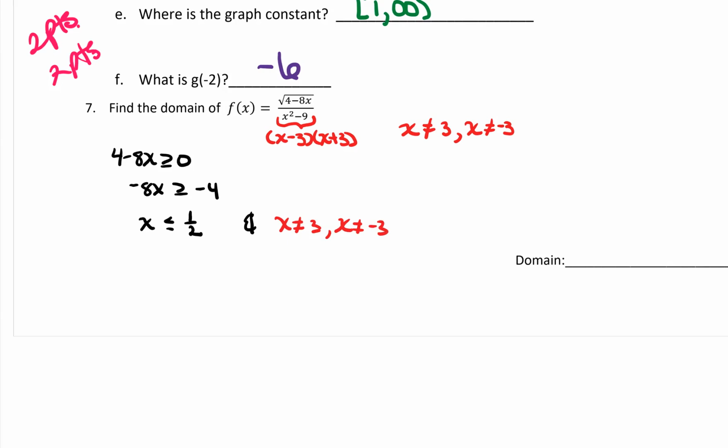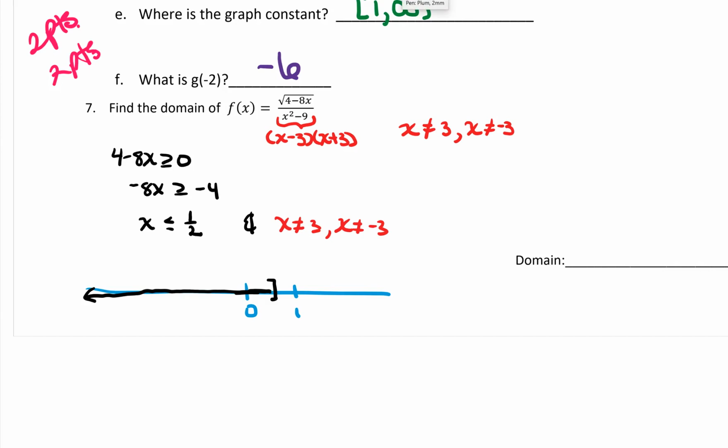If you're looking at the solution set, well, it's everything that's less than or equal to 1/2, so a bracket, right? But that other piece said that x can't be 3 or negative 3, and so we can't have a point here at x equals negative 3.